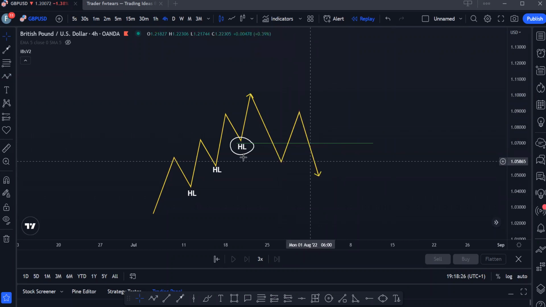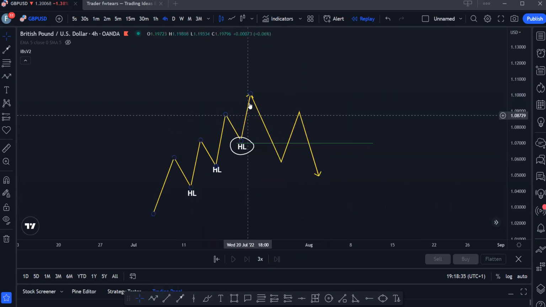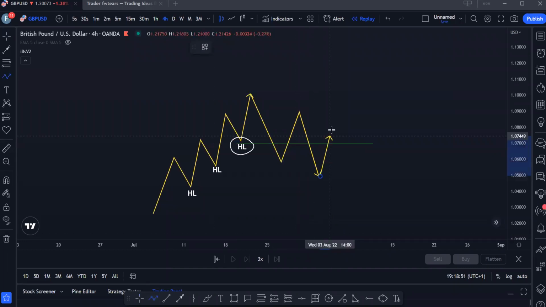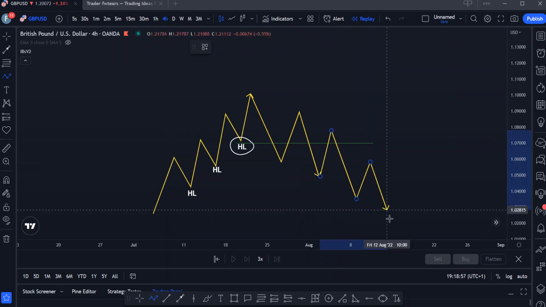When you see this happen, this is your signal that the trend has shifted, or wants to shift, from uptrend to downtrend. The next thing you start doing is look for sell opportunities, so you wait for price to retrace into a resistance.